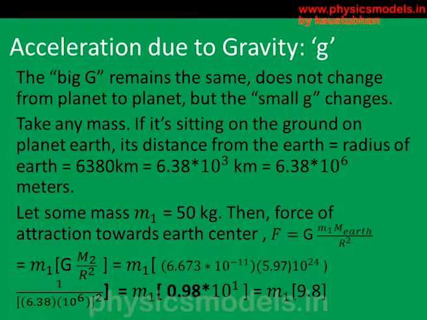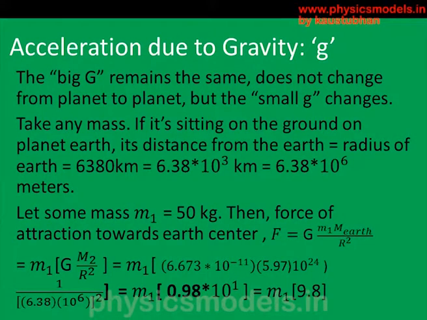So we know the value of G, we know the mass of the earth, we know the R. The R really is nothing but the distance to the center of the earth, which is nothing but the radius of the earth, because we put a box on the ground. So plugging that in, you get F is equal to m1 into 9.8.